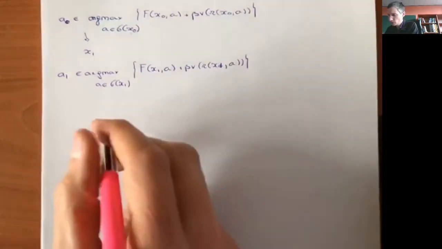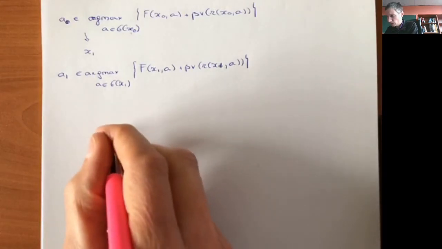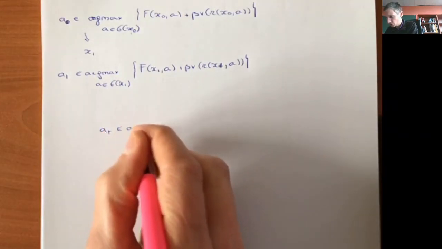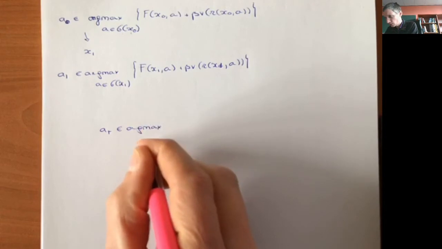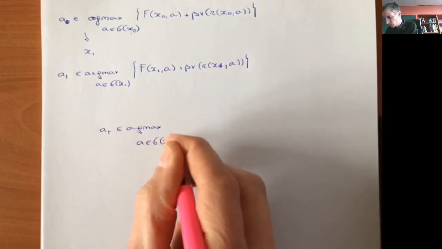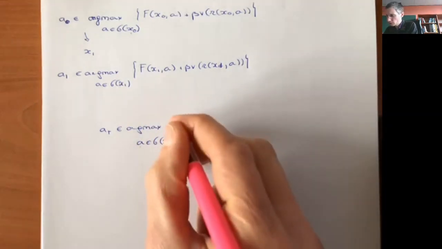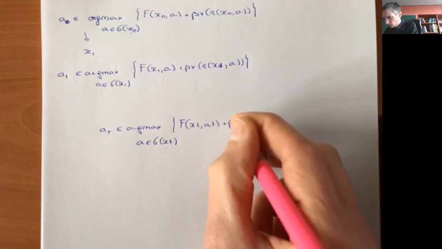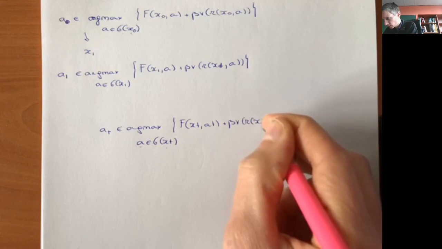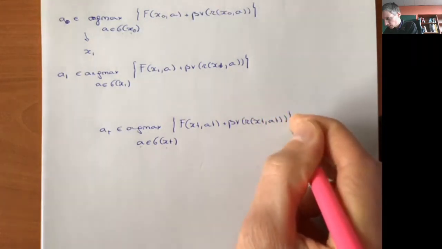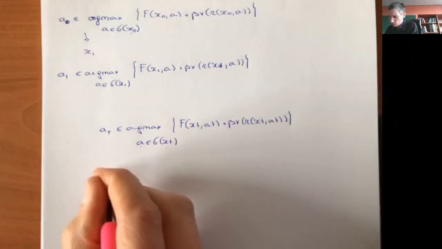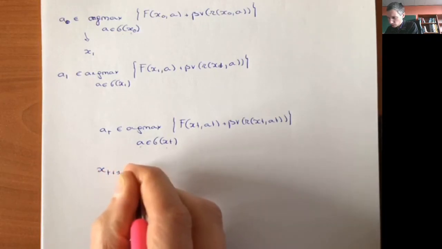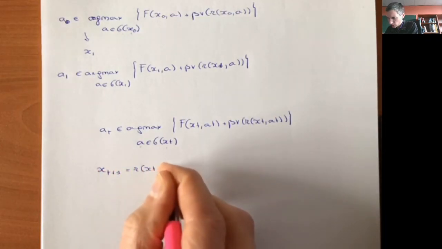So in general, we will have that At is just a solution of this problem, argmax of f xt a plus beta v r xt a, and then we're going to put xt plus 1 to be equal to r xt at.